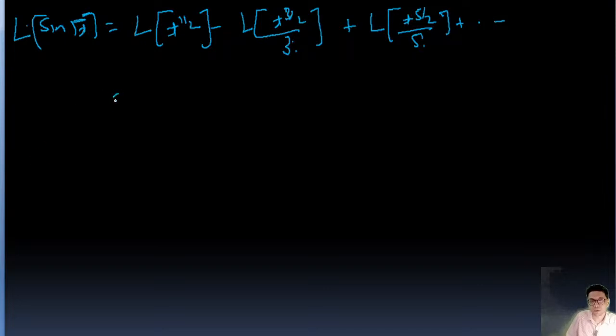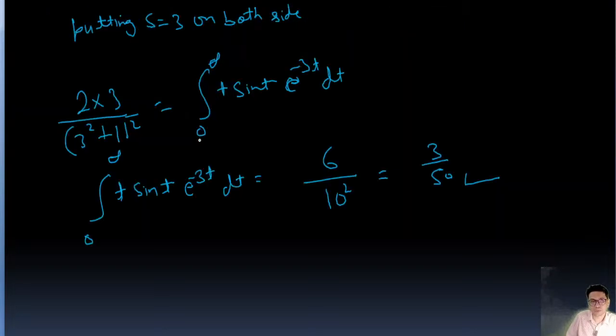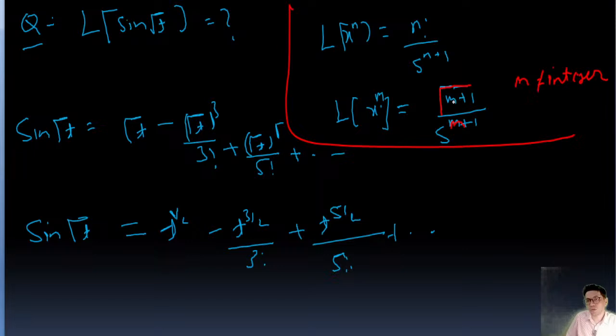Okay, so this is going to be gamma of 1 by 2 plus 1 upon s to the power 1 by 2 plus 1, using gamma m plus 1 upon s to the power m plus 1.